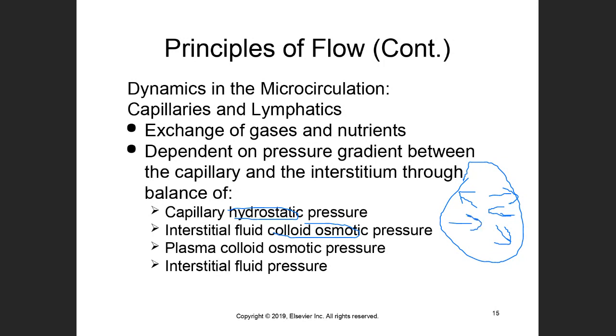And inside the vessels, we have the capillary hydrostatic and capillary oncotic pressures. But right here, we also have fluid, that is the interstitial fluid. It's the fluid between this lumen and another lumen, okay? For example, in a cell, it is the pressure between one cell and another cell, okay?